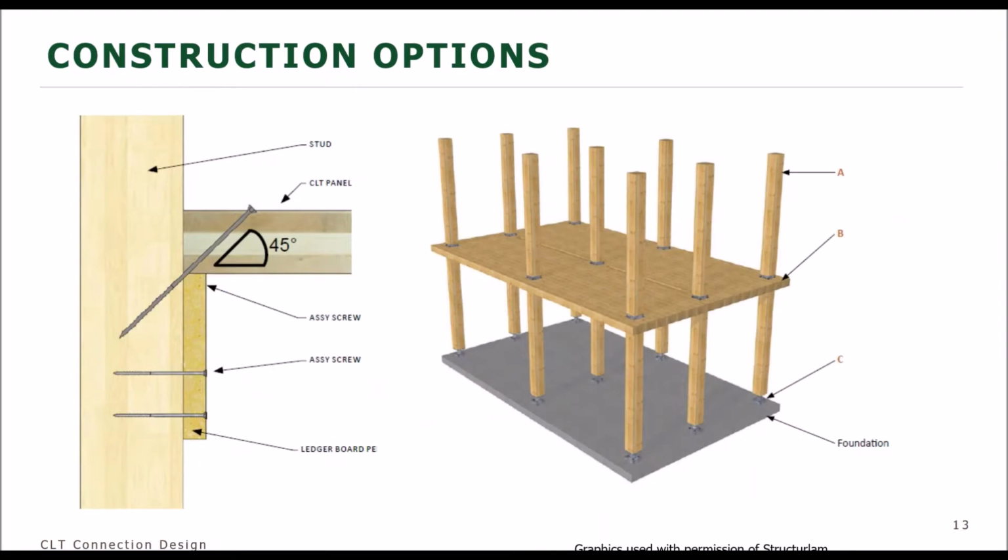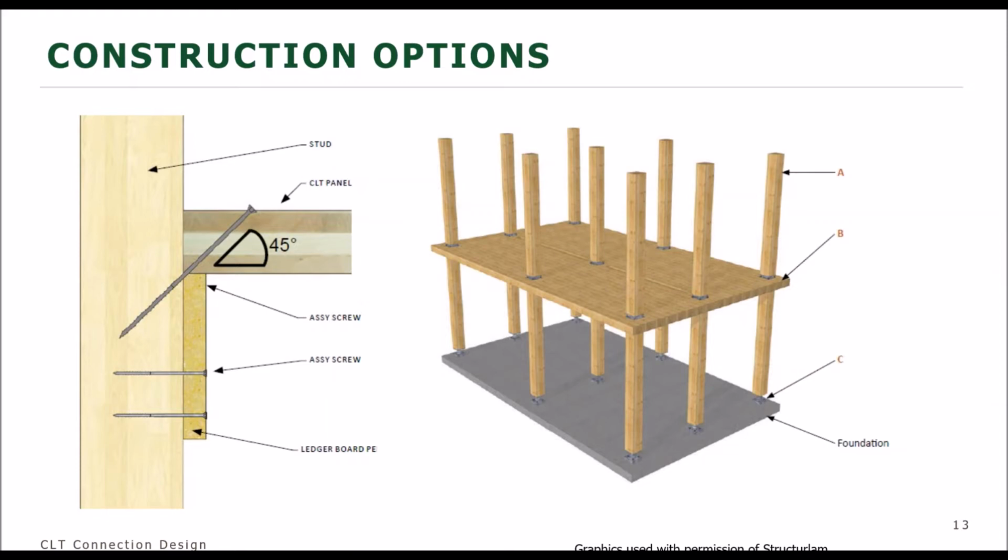Different CLT manufacturers will also provide different detail options for other types of connections. This is an example that comes out of a manufacturer's catalog of some of their construction options. For example, on the left, you'll see a ledger type connection where we've got a CLT floor panel coming into a wall assembly. On the right, you see a post and slab type construction.